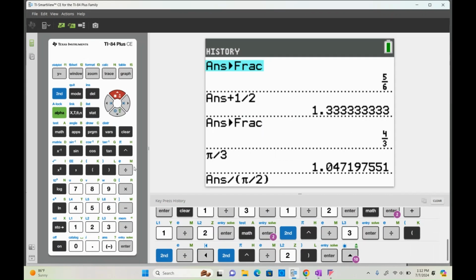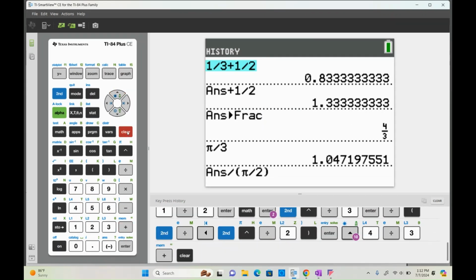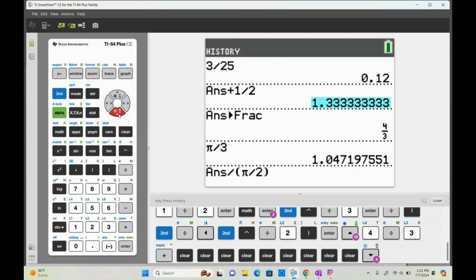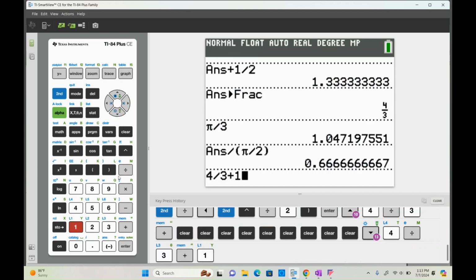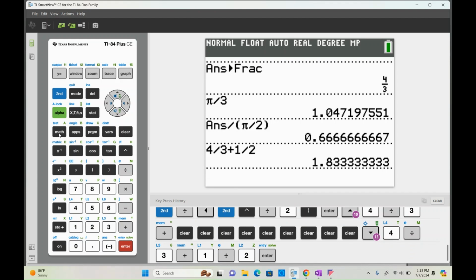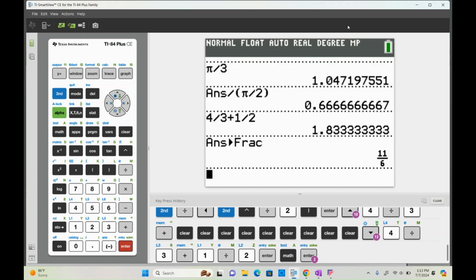And so then we could take our 4/3 and add an extra 1/2 to it here. And let me clear some of this out and scoot down here. There we go. So you have 4/3. We could add our 1/2 to that. Hit math frac. So we have 11 pi over 6 now.